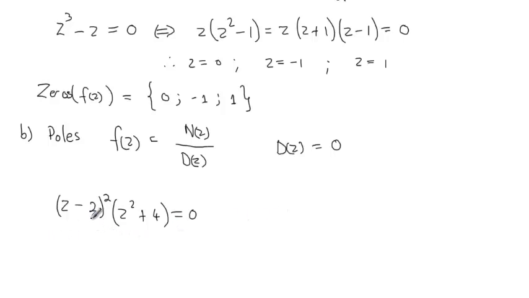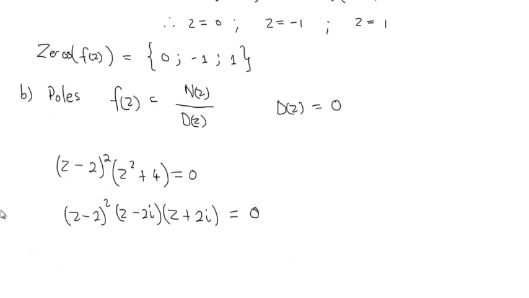We can see that this factor is repeated, which means that we're going to have a double pole, and here we can factorize as z minus 2i multiplied by z plus 2i multiplied by z minus 2 all squared equals 0.